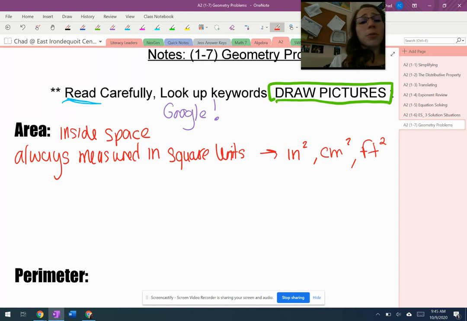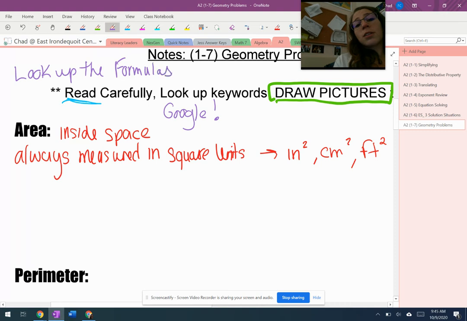There are main formulas. You have a reference sheet, guys. There's an algebra reference sheet. Look up the formulas. They're not hidden.